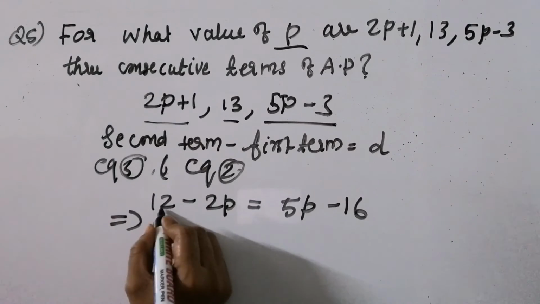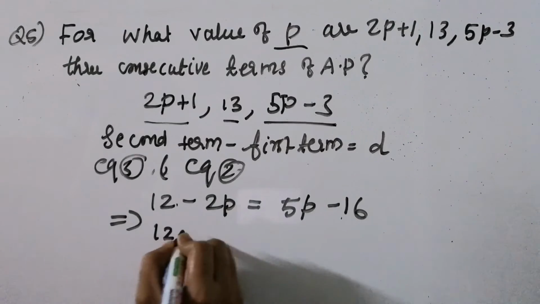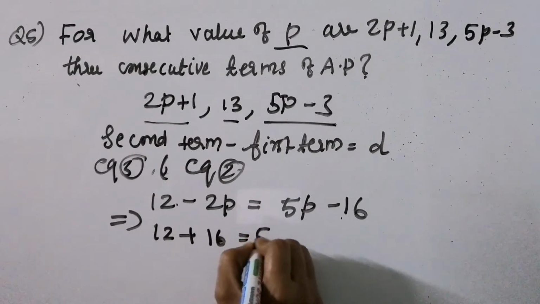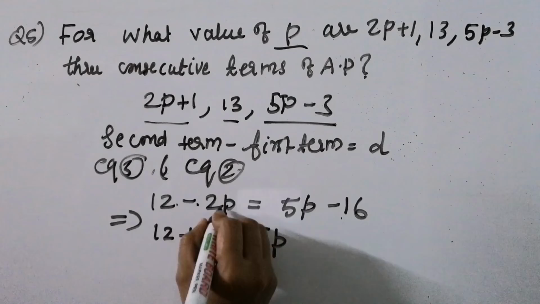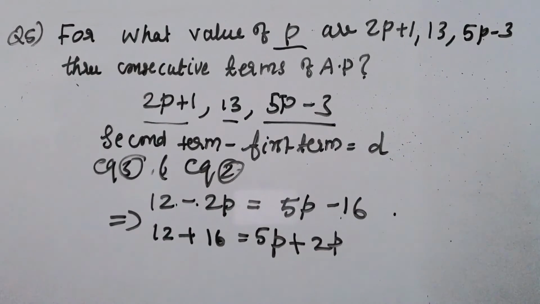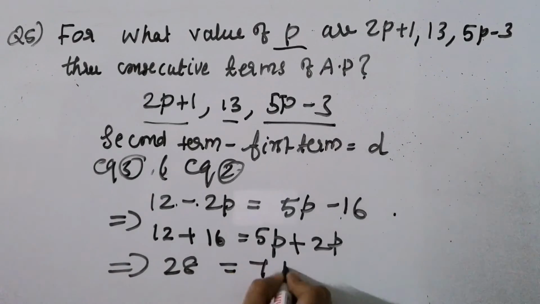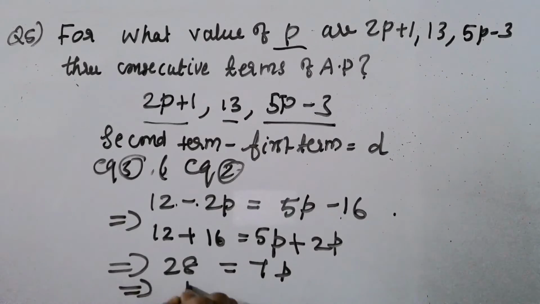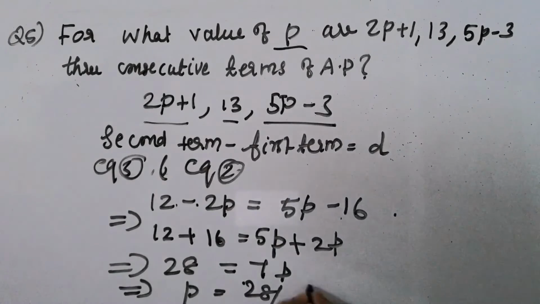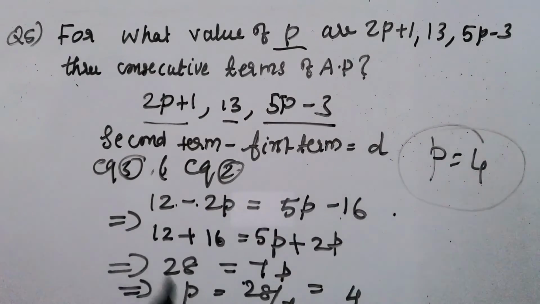Here is 12 and here is minus 16. Minus 16 can be taken to the left side. We get 12 plus 16 is equal to 5p, and negative 2p can be taken to this side, that is 5p plus 2p. So 28 is equal to 7p, which implies that p is equal to 28 divided by 7, which is equal to 4. So the value of p becomes 4. P is equal to 4. This is our answer. Okay.